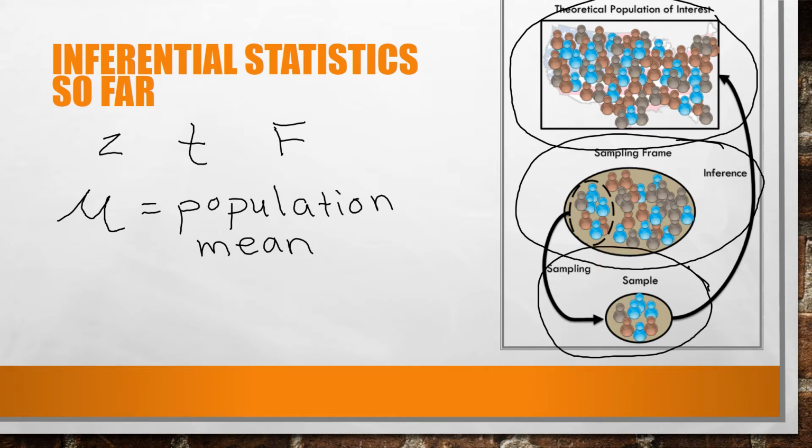So we sample from the sampling frame, and then we get data from them, and then we calculate sample means. And we use the sample mean to make an inference about the population here. So we take the sample mean and we try to make an inference about the population mean.